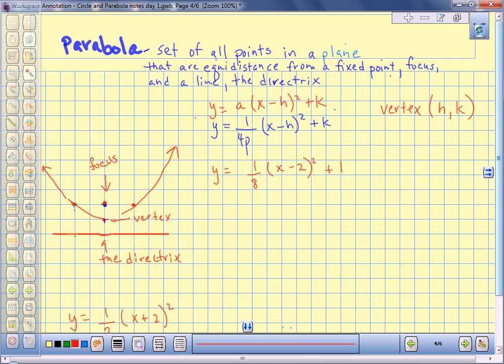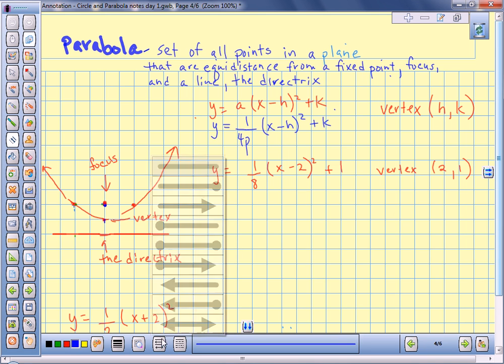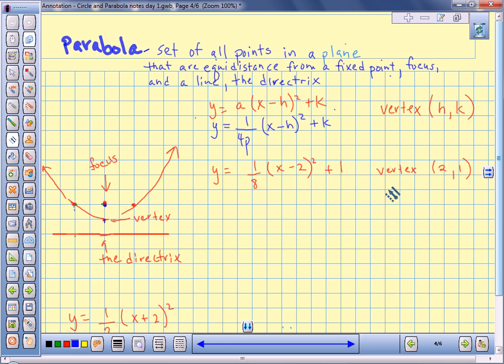So let's look at the equation. Y equals 1/8 times x minus 2 squared plus 1. Where would the vertex be? The vertex is the point 2, 1. Now, when we go to graph it, first thing we're going to do is sketch a little axis here, and then plot our point at 2, 1.